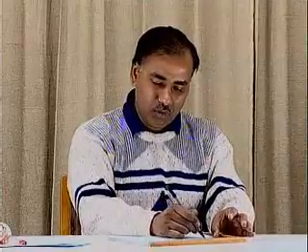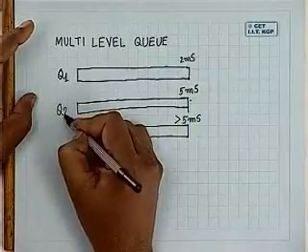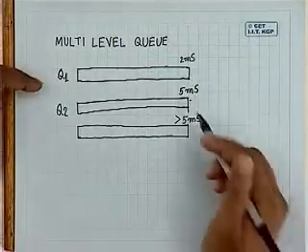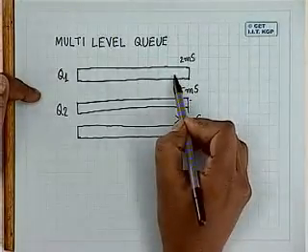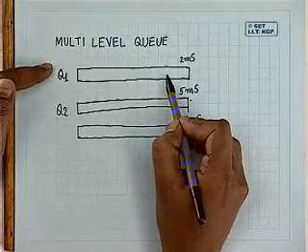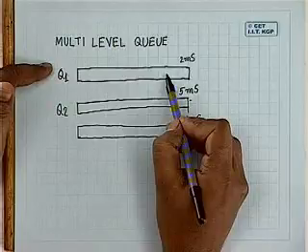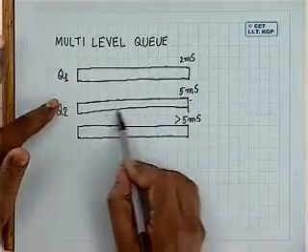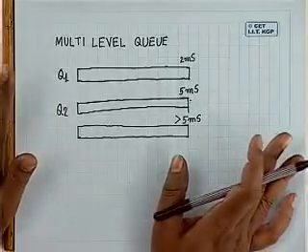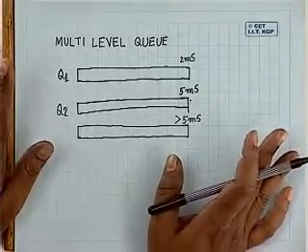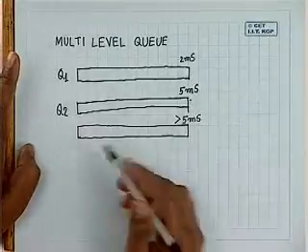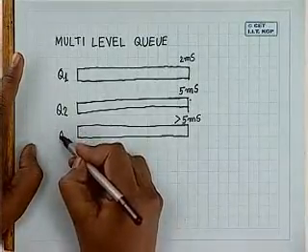In Q2, the CPU bursts are moderately short. They are not as short as these jobs, but the CPU time requirement is greater than that of these jobs. So I put those jobs in Q2. And all the jobs which are strictly CPU bound, that means every CPU burst is greater than 5 milliseconds, I put them in queue number 3.